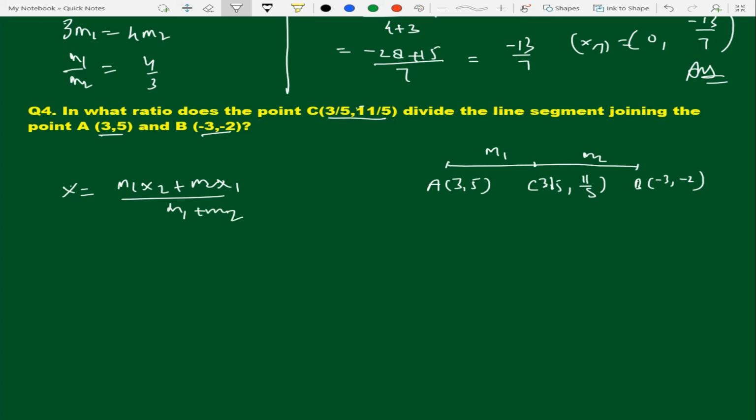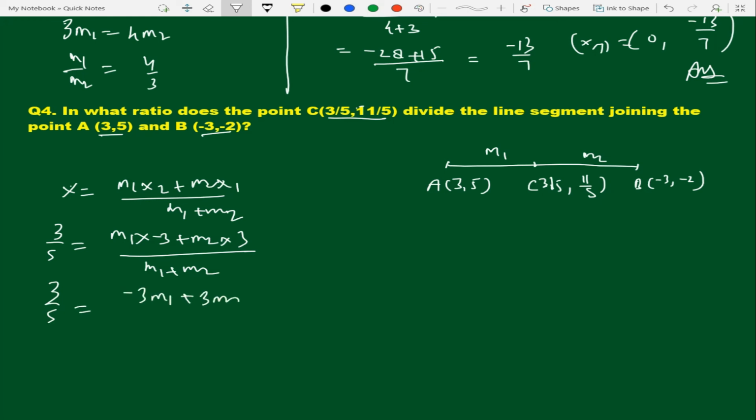So x coordinate is given 3 by 5 equal to m1 times x2, which is minus 3, plus m2 times x1, which is 3, upon m1 plus m2. Clear? Now this will become 3 by 5 equal to (minus 3m1 plus 3m2) upon (m1 plus m2). Clear?